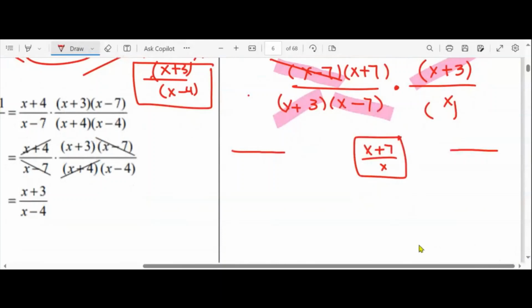No. What's under X plus 3? The other fraction. Oh, X. Easy?